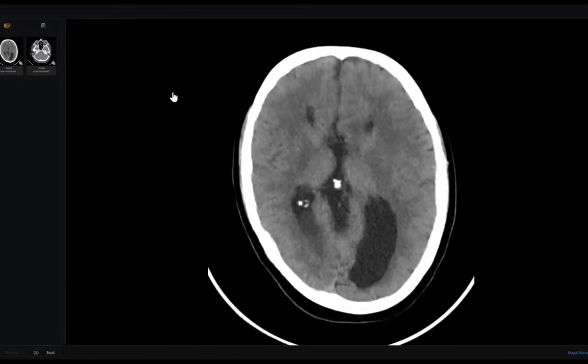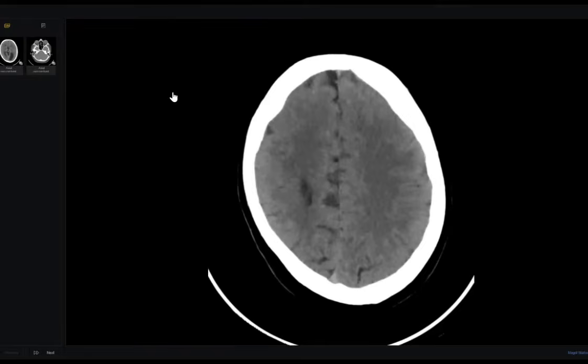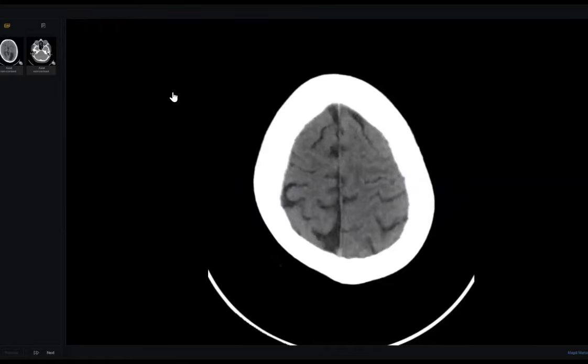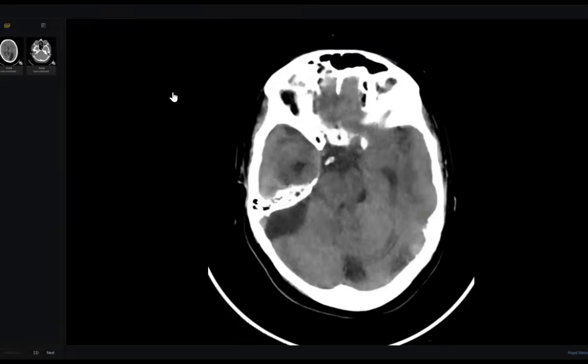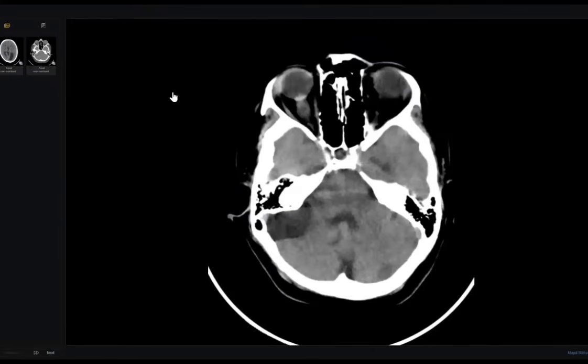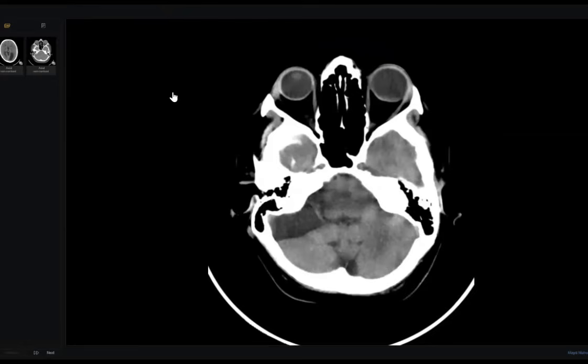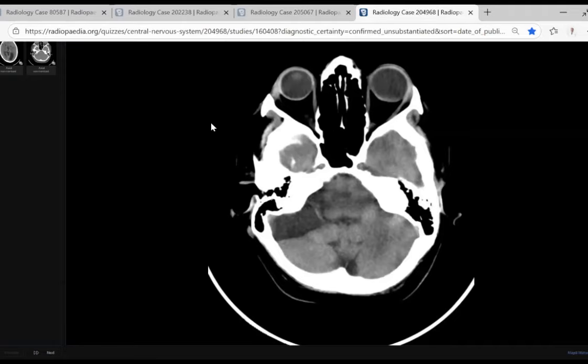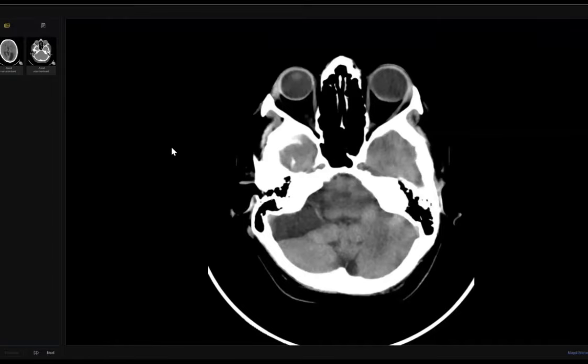Yes, and can you scroll further down for me? Okay, there is another hypodense area in the right CP angle.